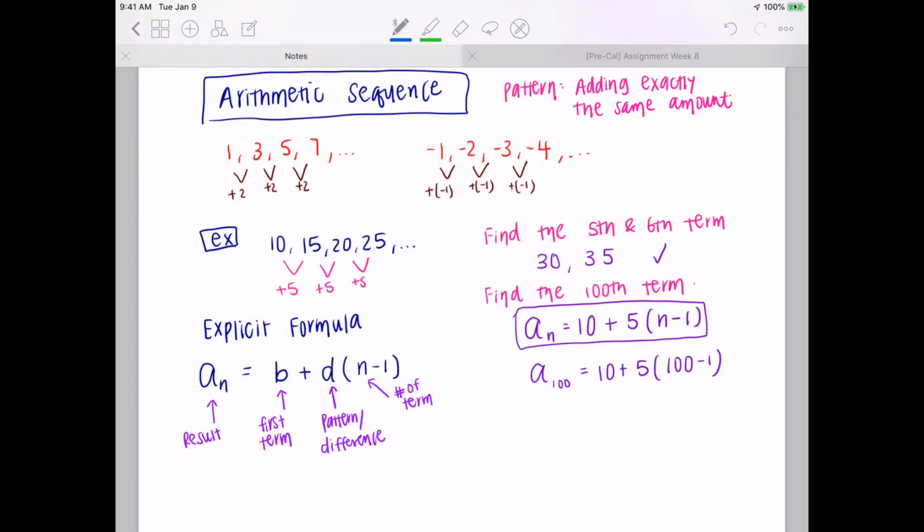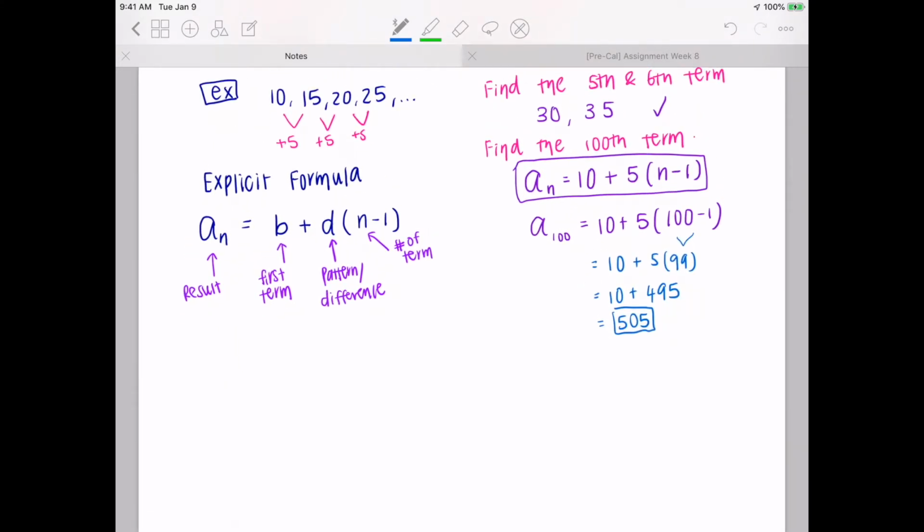This together gives me 99 times 5 plus 10. 10 plus 495 would be 505. So you have to know what the formula is in order to figure out a number that's really big.